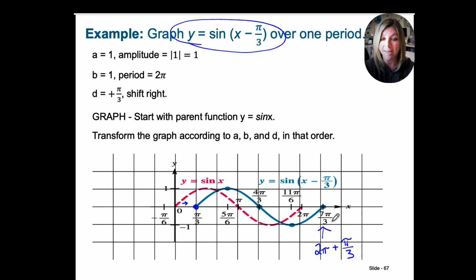That'll get you to the ending point. So then you would have the start, you would have the end, and then remember we just look for 3 points in between. Halfway between pi over 3 and 7 pi over 3 is 4 pi over 3. Then we go halfway between those two, which is 5 pi over 6. And then halfway between the last two, which is at 11 pi over 6. And there we have our 5 points that help guide us through sketching the sine curve.